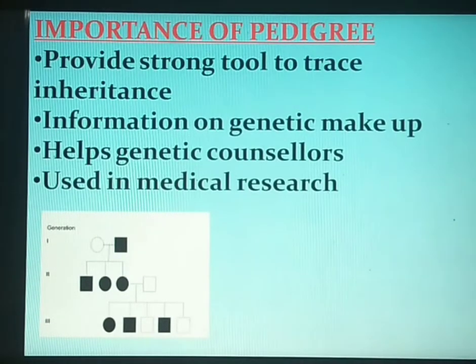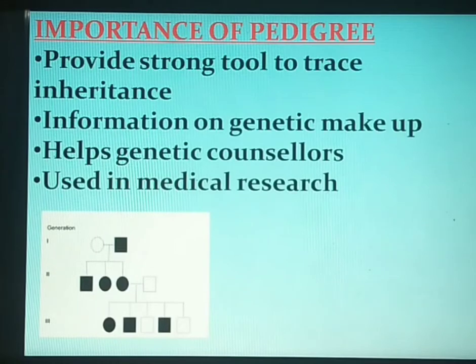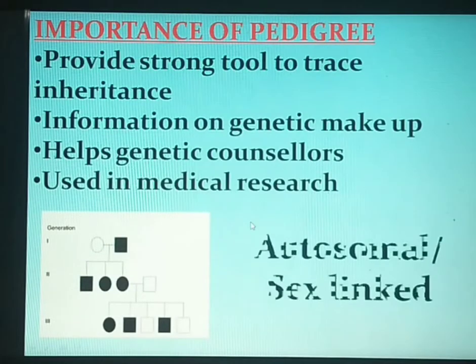Now we know that genes represent a particular characteristic or trait, and these genes are present on the DNA, and DNA is present in the chromosome. We already know that in our cells there are two types of chromosomes, autosomal and sex chromosomes, right?